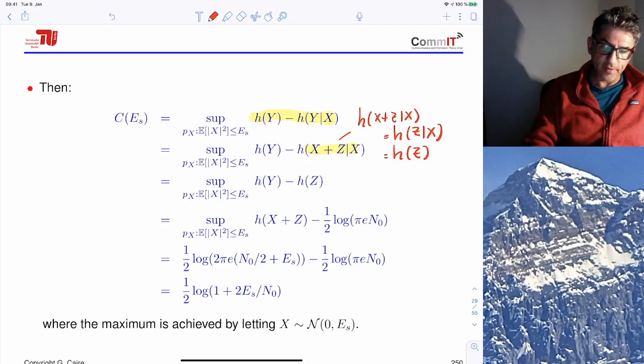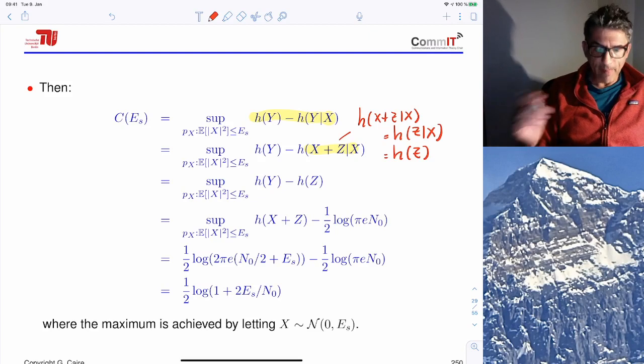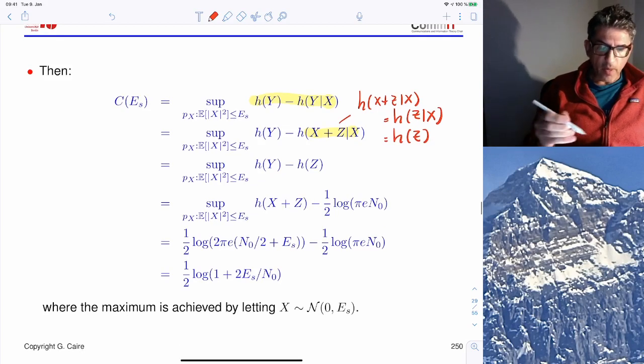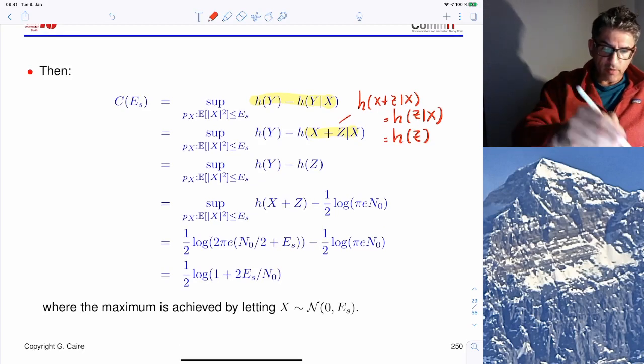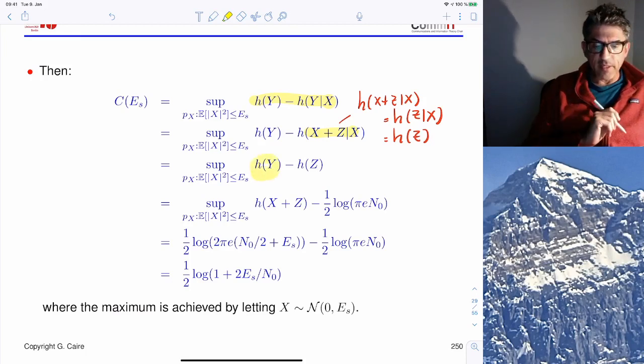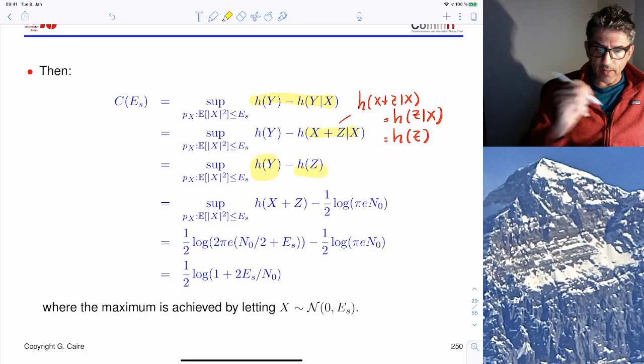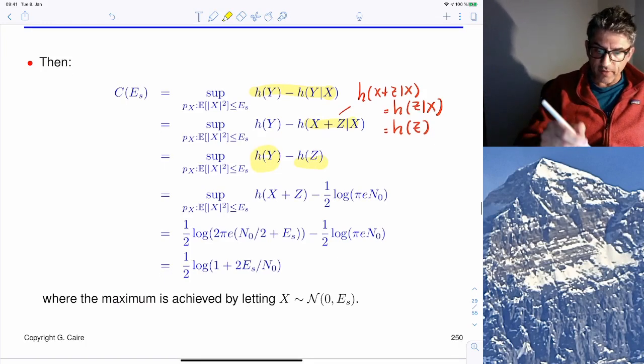We have already seen this for when we treated the binary symmetric channel, if you remember. And so we end up with our maximization, where in fact we just have to maximize this differential entropy, because this part depends only on the noise statistics. So there is nothing to do. In fact, this part is fixed.